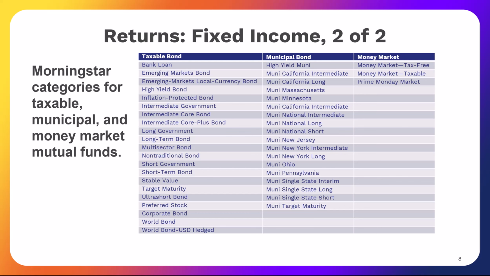So the Vanguard Total Bond Market Index Fund tracks the entire bond market and falls into the core bond category. So we're going to discuss the different types of investments in equity and bond markets in later videos.